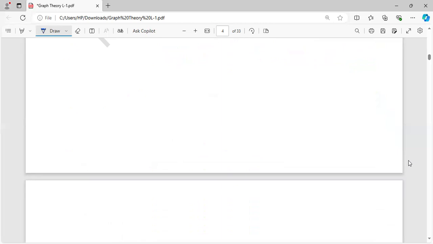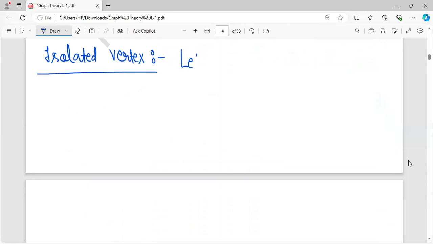Isolated vertex. Let G is equal to V, E be a graph.